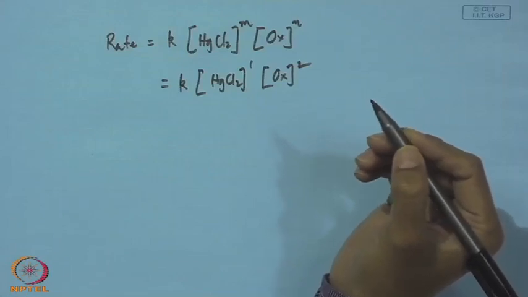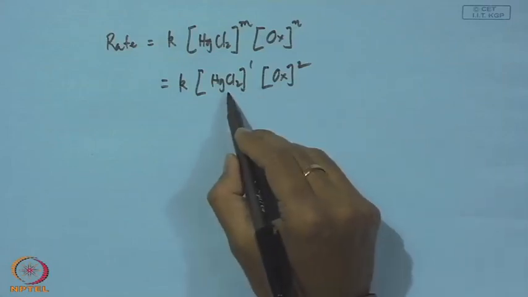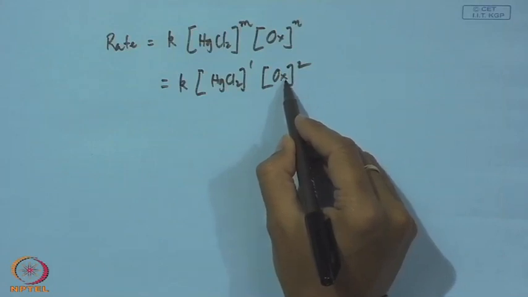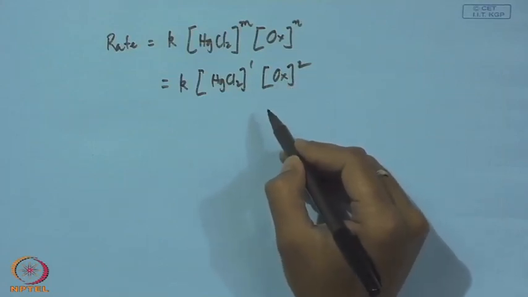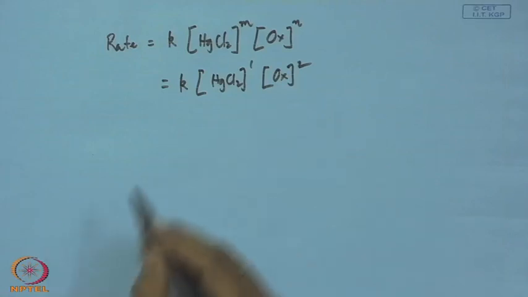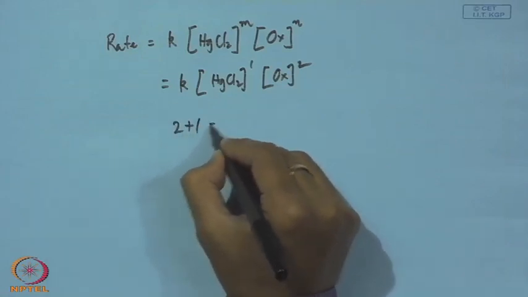Okay. So, it is first order with respect to mercuric chloride and second order with respect to oxalate. So, what is the overall order? Overall order is 2 plus 1, which is equal to 3.